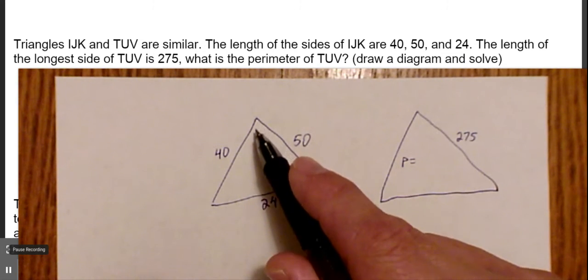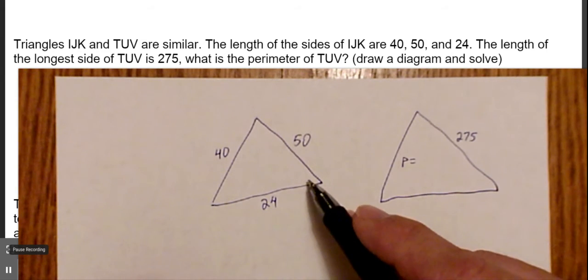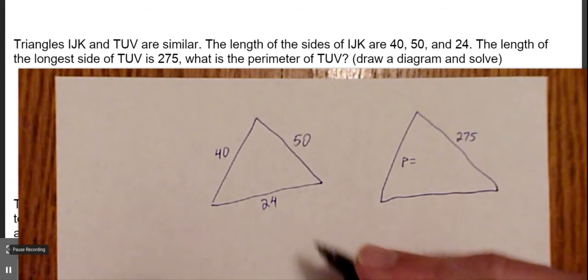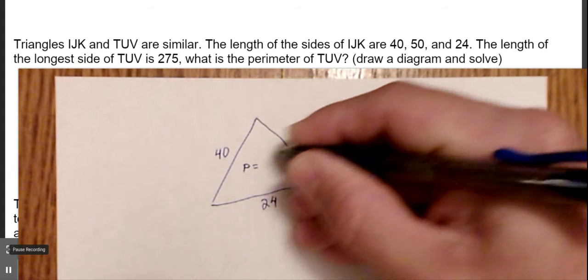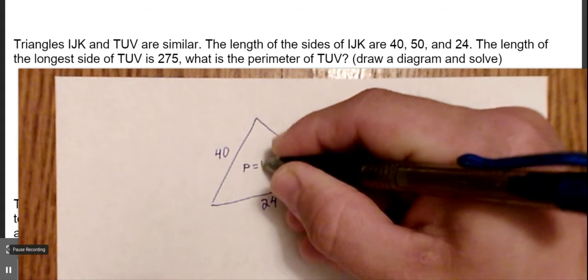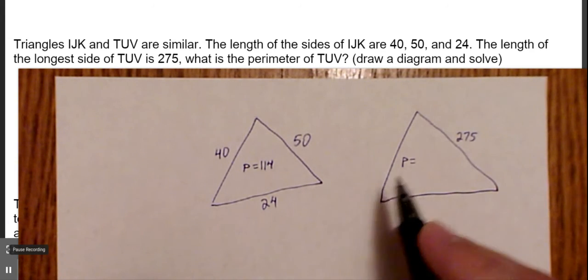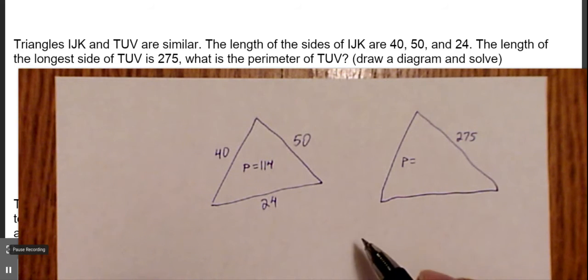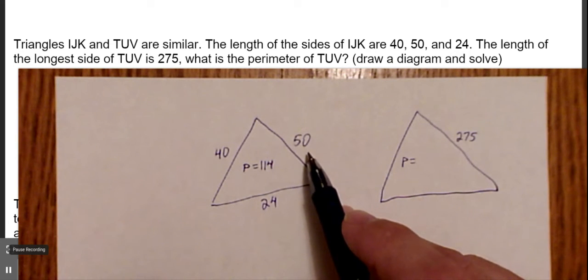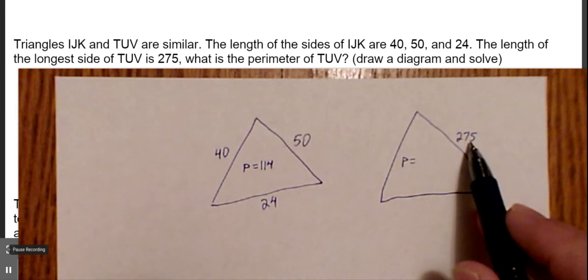So what I'm going to do really quick is add 40 plus 24 plus 50, and I'm going to get 114 for the perimeter of triangle IJK. Now, I'm going to be able to make my proportion here. So one of the ratios I can make is 50 to 275.